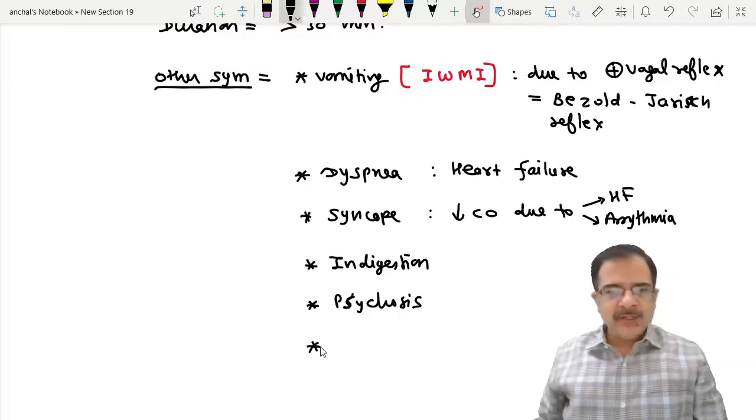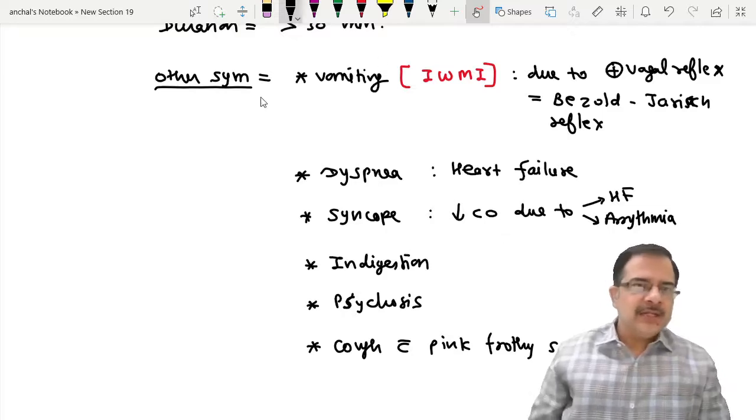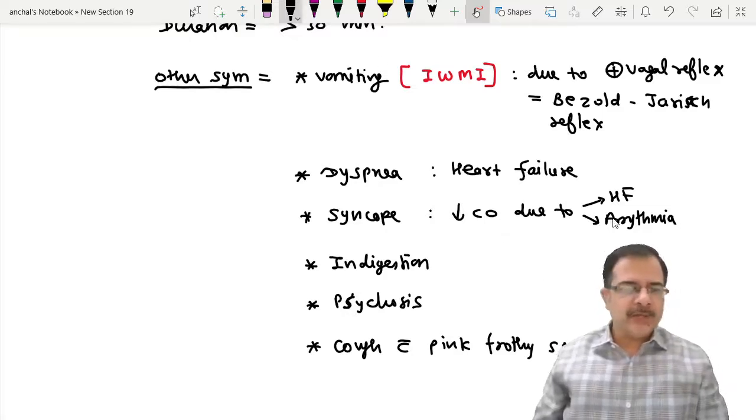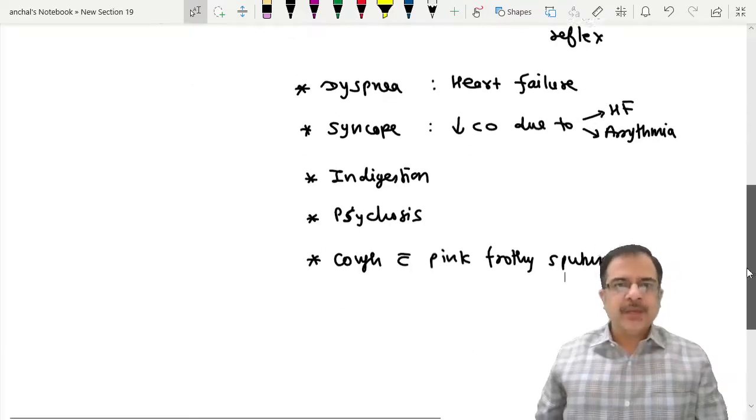And if there is pulmonary edema, the patient can have cough with pink frothy sputum. So these are the other symptoms which can be present in cases of myocardial infarction.